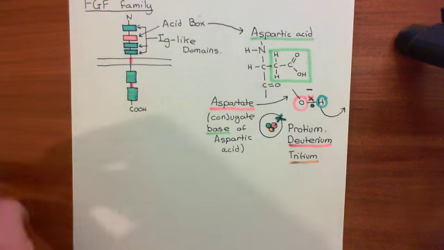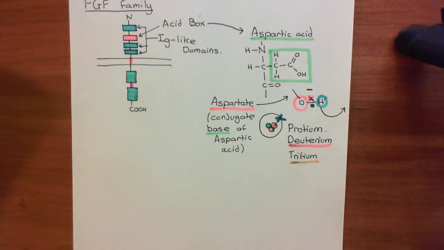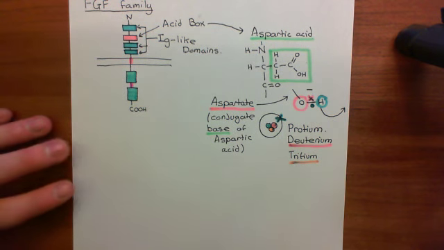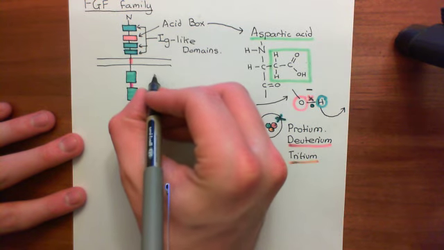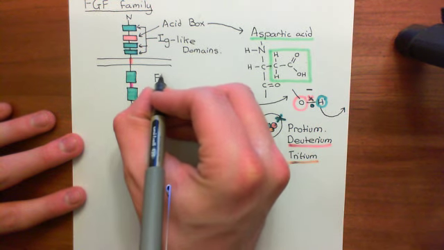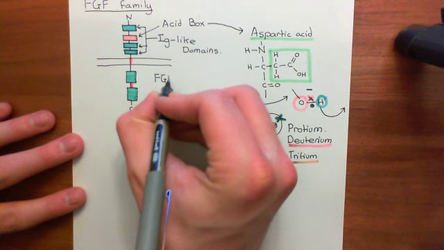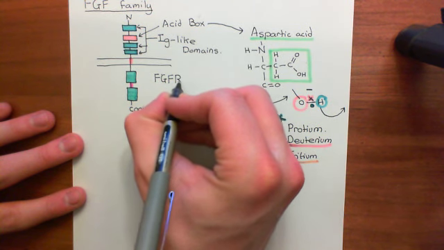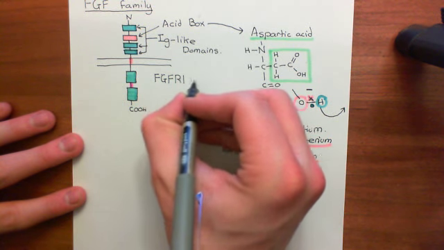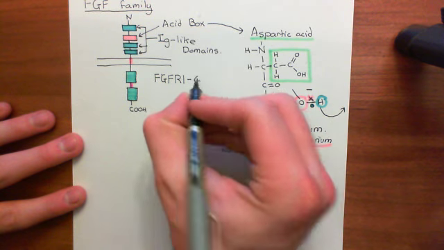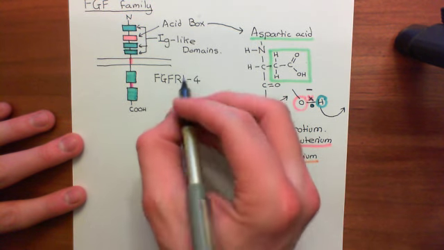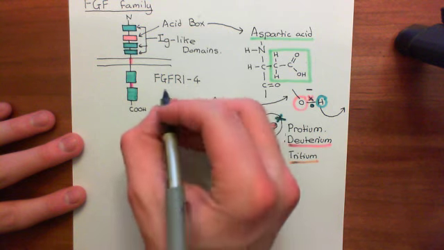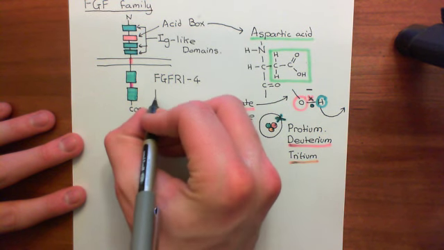Okay, so this is the fibroblast growth factor family of receptor tyrosine kinases. So what receptors are in here? Well, surprise, surprise, it's the fibroblast growth factor receptors. There are four of these: fibroblast growth factor receptor 1, receptor 2, receptor 3, and finally receptor 4.